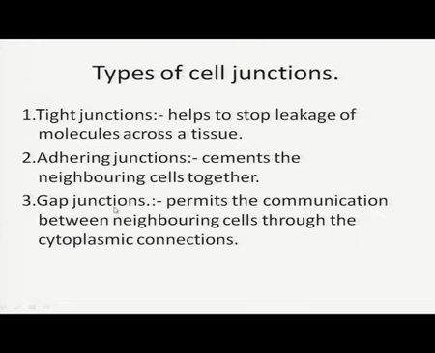The third one, gap junctions, will permit communication between the neighboring cells through the cytoplasmic connections existing between the cells. So, in short, there are 3 different types of cell junctions within an epithelial tissue: tight junctions, adhering junctions, and gap junctions.